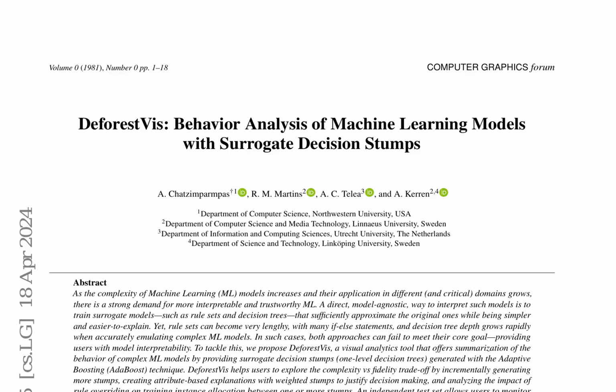This research paper introduces DeforestVis, a web-based visualization tool designed to explore the behavior of complex machine learning models using feature-based explanations from surrogate decision stumps. The system aims to provide insights into how the model makes decisions and identify potential biases or limitations, meeting user goals and analysis tasks.